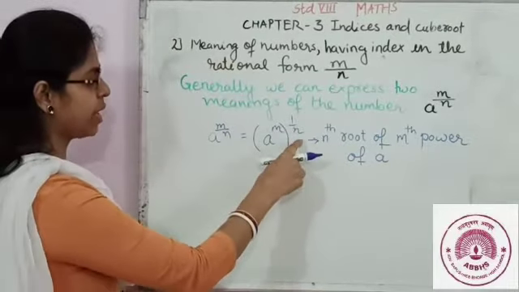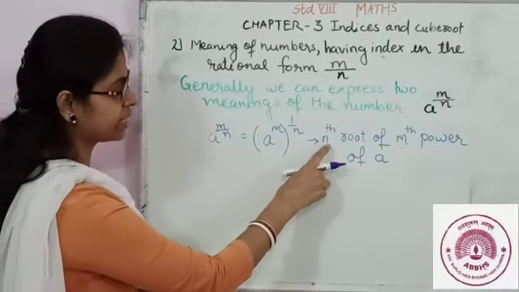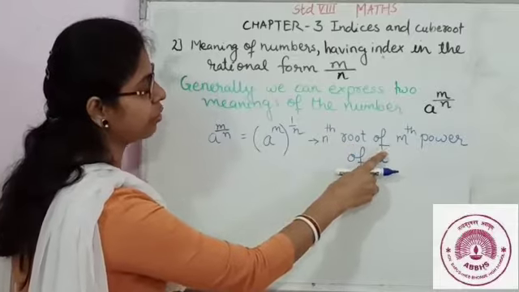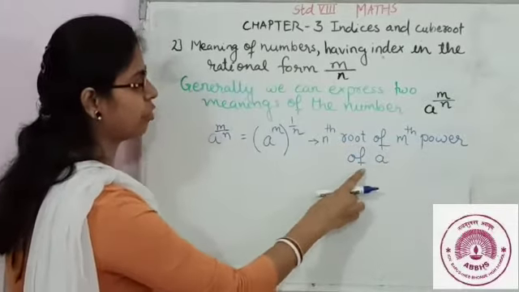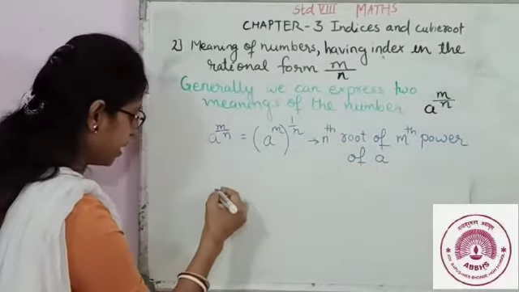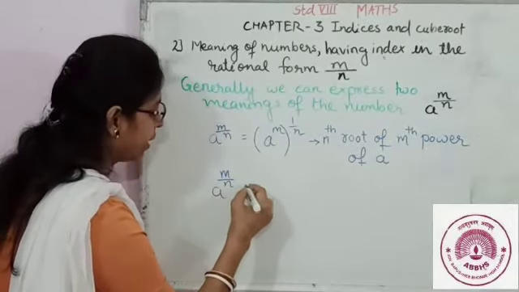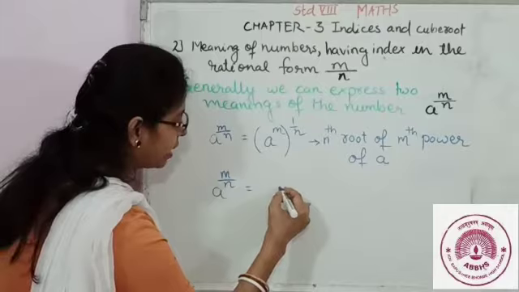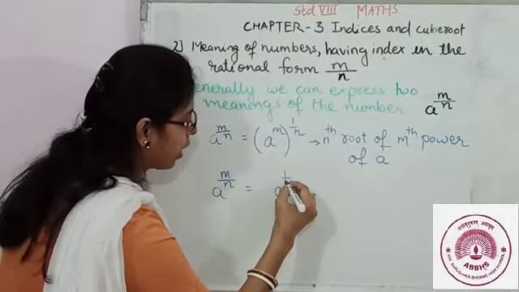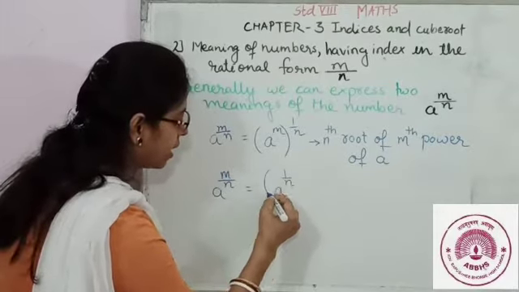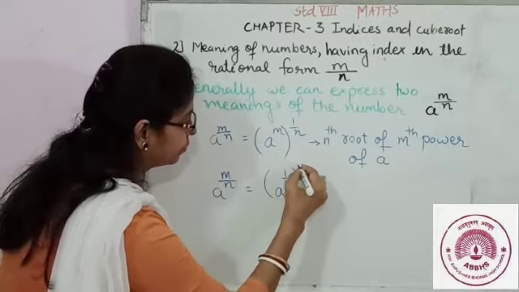So the outside one is read first. So that is nth root of mth power of a. The second way is again a raised to power m by n equals to, now we can write this as a raised to power 1 by n inside and outside m.